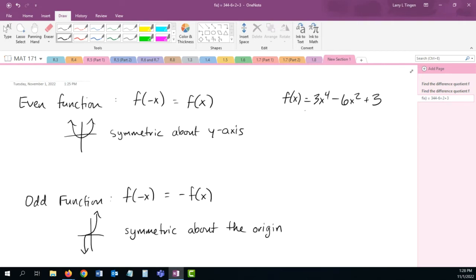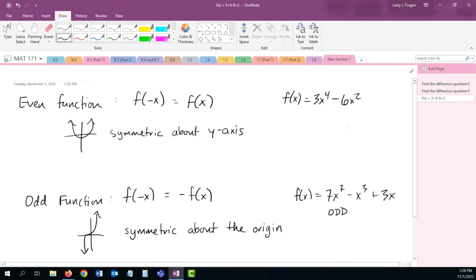Let's get rid of the constant here just because I don't want to confuse things. If all my terms have an even power of x in them, this is going to be even. If all of my terms have an odd power of x, like 7x to the 7th minus x cubed plus 3x, all of the powers are odd, so this function is odd. All the powers are even, this function is even.